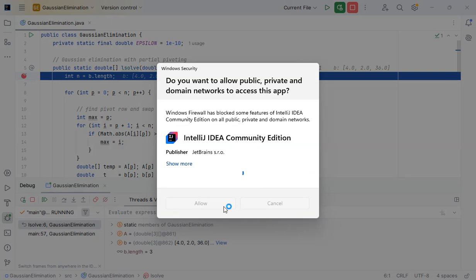And now how much will be here? How much will be here, guys?